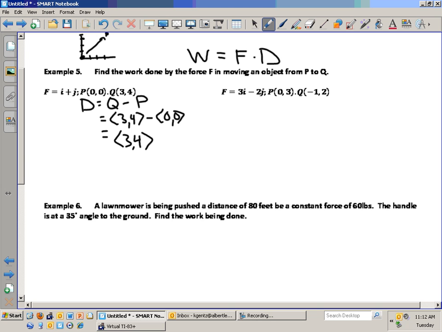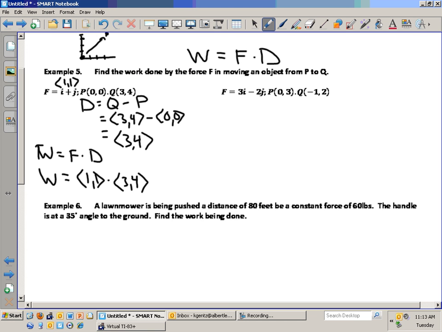You can see you're over 3 units and up 4 units. That would make the hypotenuse 5, but we're not going to think about it in those terms because we want to multiply it by a vector. So work, again, is equal to force times distance. W is equal to the force, which is i plus j, in vector form 1, 1, times 3, 4.